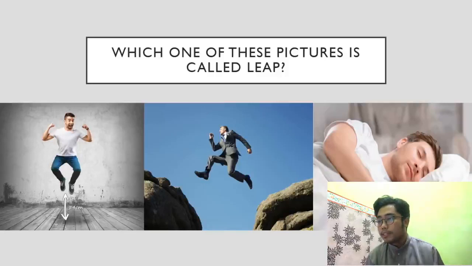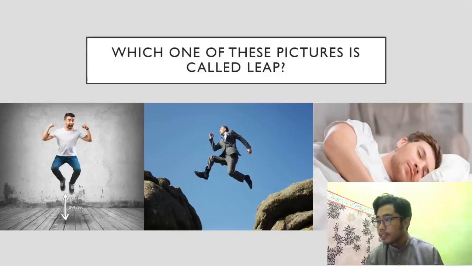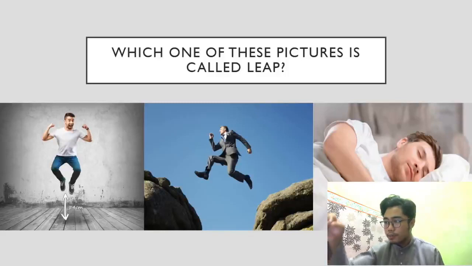Picture number 1 is a man jumping, J-U-M-P, jump, like the woman earlier. Picture number 2, what is that man doing? There are two rocks and he's in the middle of the rocks. There is leap. Picture number 2 is leap, L-E-A-P.